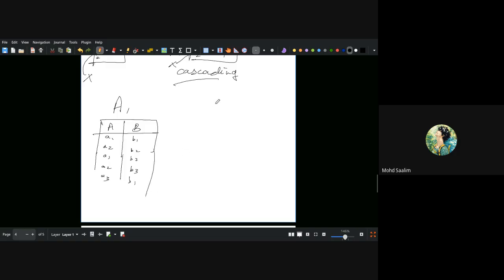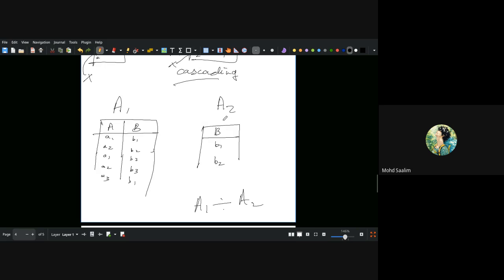And in A2 I have only the B attribute, and I have only B1 and B2 here. So when we do division, if you want to find out A1 divided by A2, what we are doing, first of all, we are doing column based filtering.